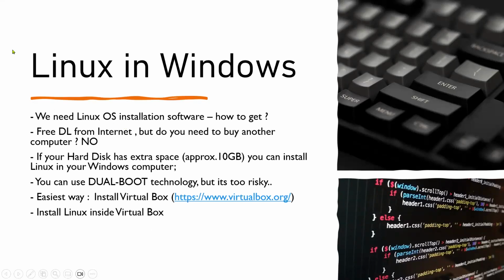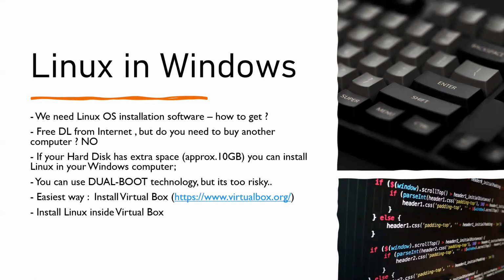So Linux in Windows, we need Linux operating system installation software. How do you get it? You can freely download the operating system from internet, but do you need to buy another computer? No. If your computer has extra space, about 10 gigabyte, you can install Linux in your Windows computer.